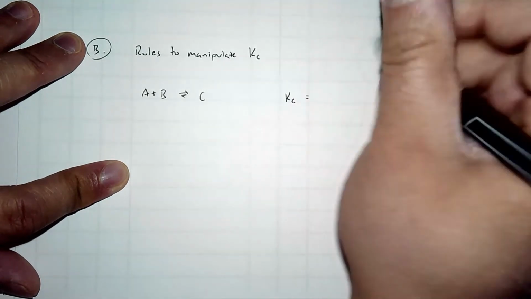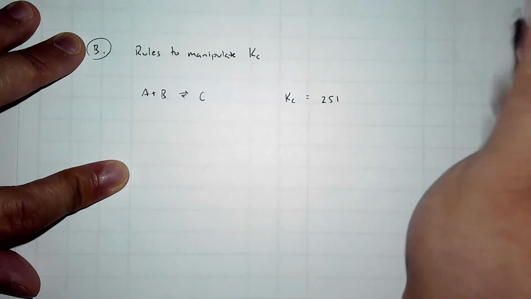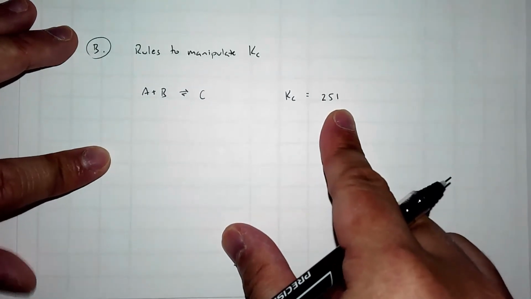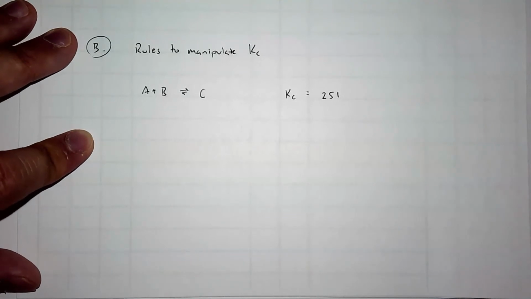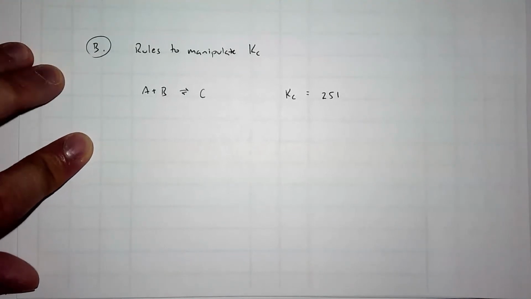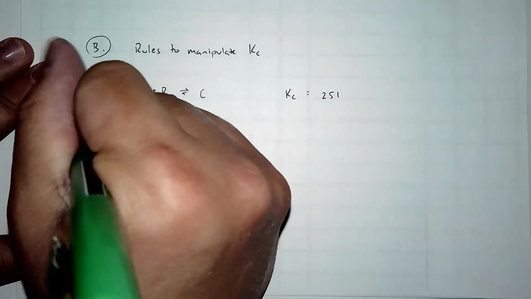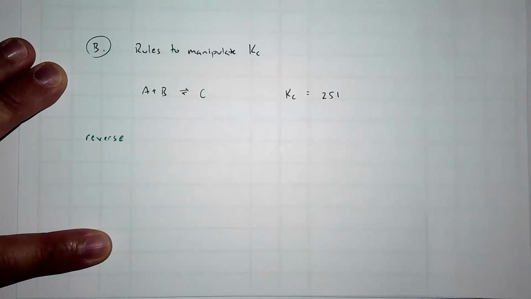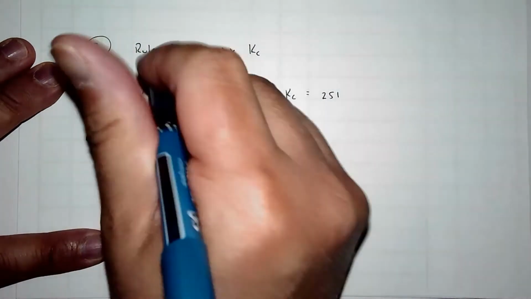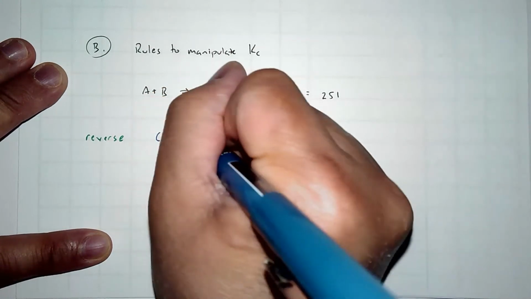Kc equals 251. Remember, equilibrium constants have no units. So the first thing is reverse. If we reverse, we get a new reaction, C goes to A plus B.